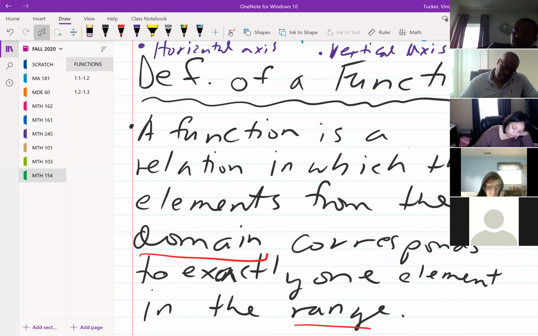All right, definition of a function. A function is a relation in which the elements from the domain correspond to exactly one element in the range.